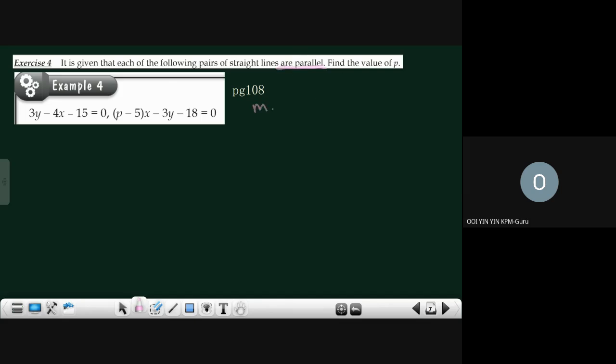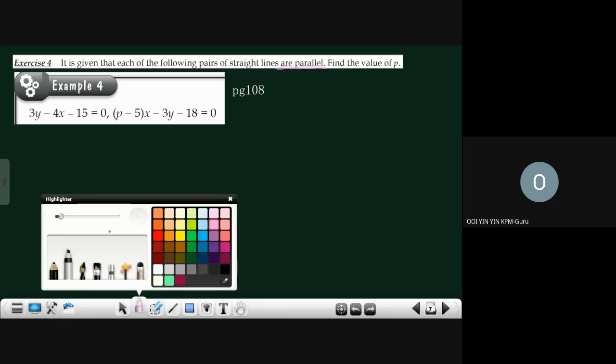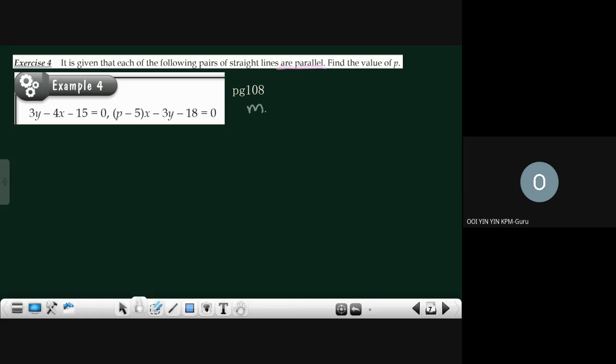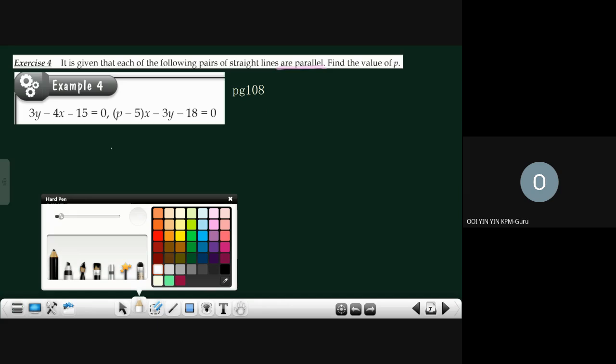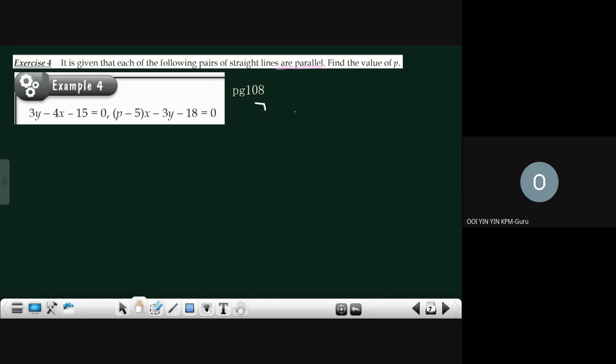That means the important point here is, remember, if they say parallel, what hint do they want to give you? Is that your m1 will equal your m2. Remember this. Next time you see the word parallel, m1 equals m2. Bear it in your mind like that.